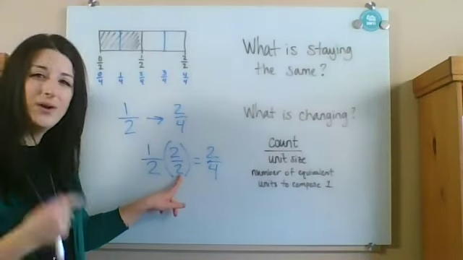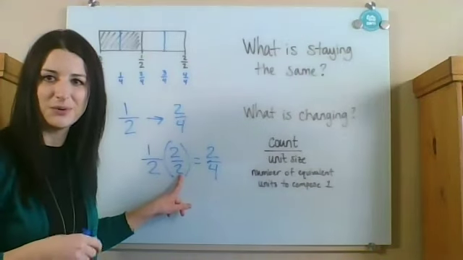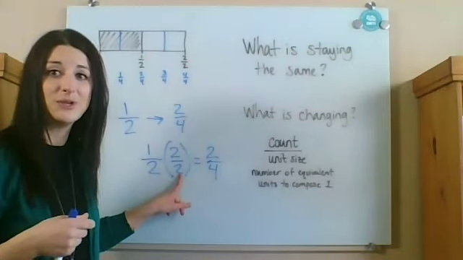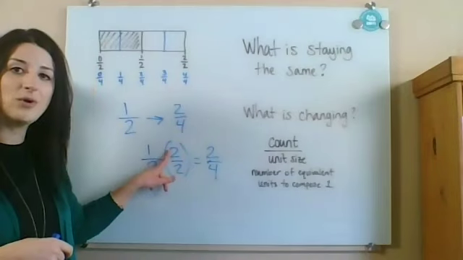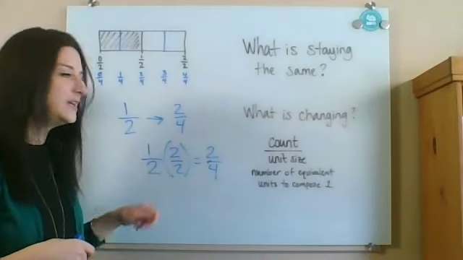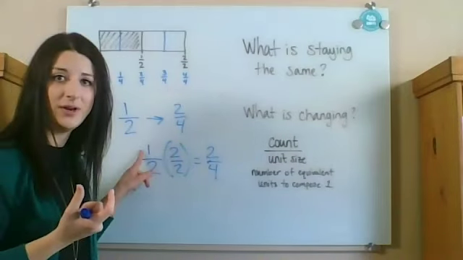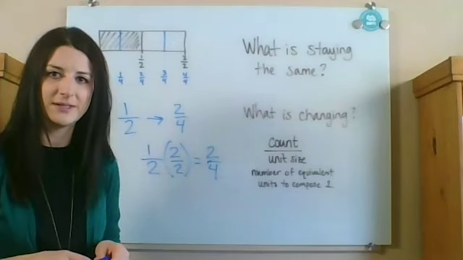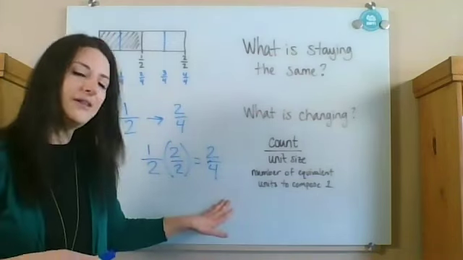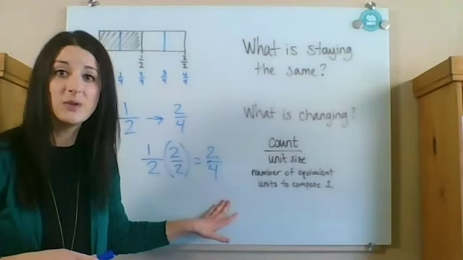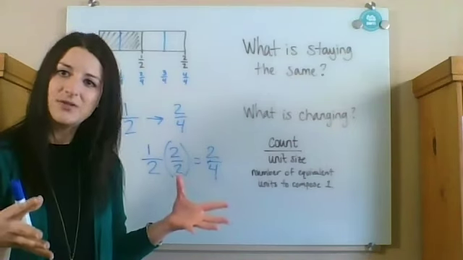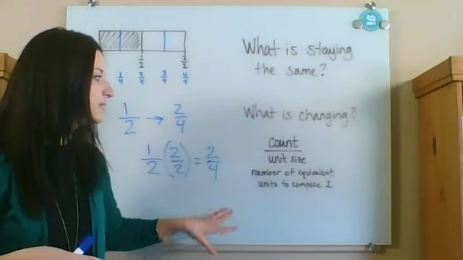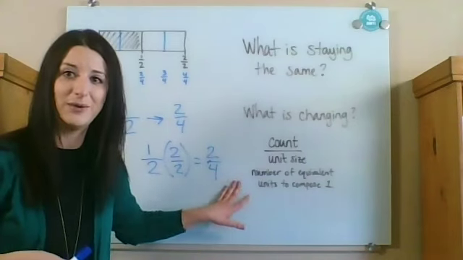But it also gives me twice as many units to compose 1, again related to the size of those units. Then the 2 in my numerator doubles my count. So instead of counting 1 of those larger pieces of 1/2, I'm going to count twice as many, or 2 of my smaller 1/4 units. We'll talk later about how this ties into some ideas with multiplication and how we're starting to set the stage for that. But again, it's nice that we can also use that fraction language as we do this.